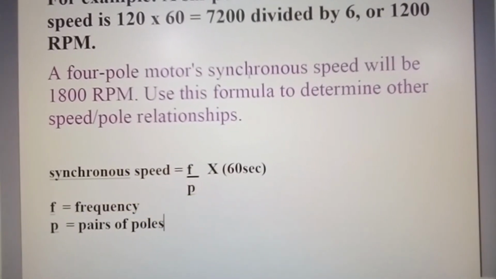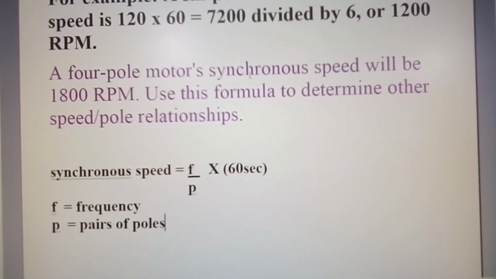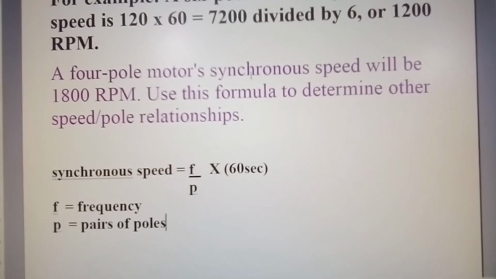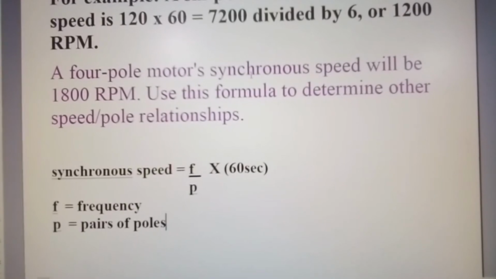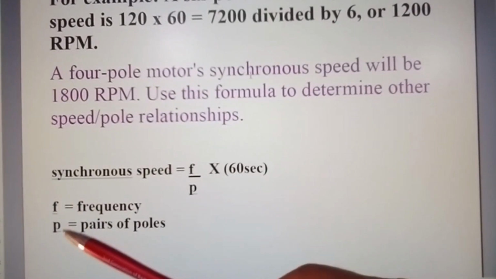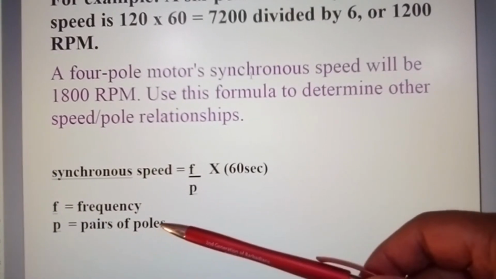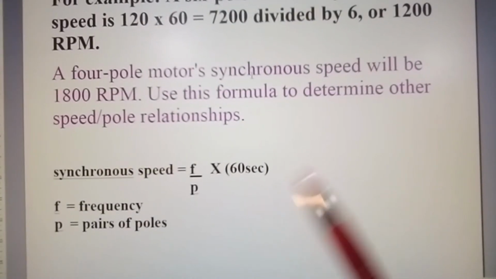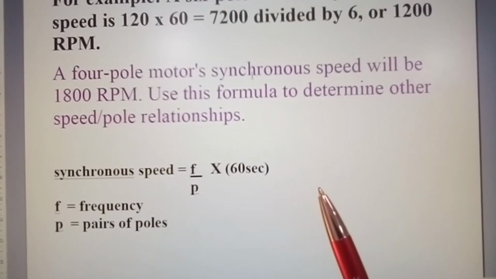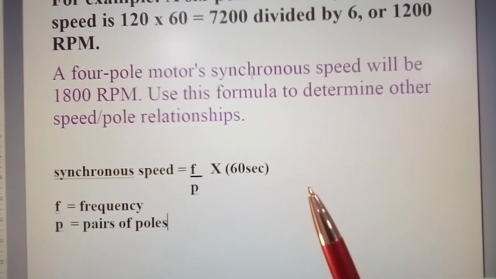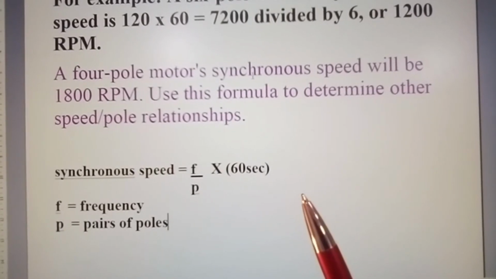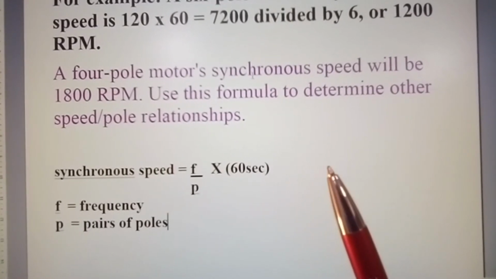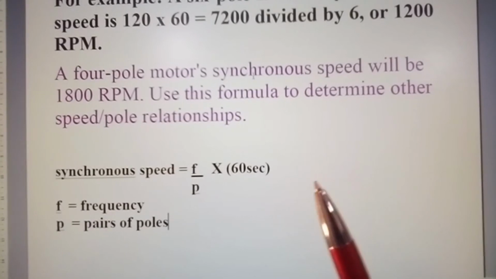Now that's just one formula, because remember, P equals the number of poles, or pairs of poles. So if I've got 6 poles, that means I have 3 pairs. If I've got 8 poles, then it means I have 4 pairs of poles.